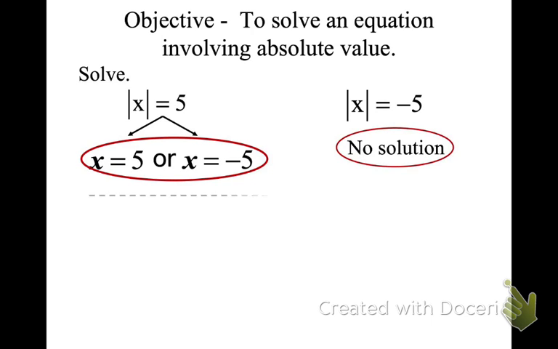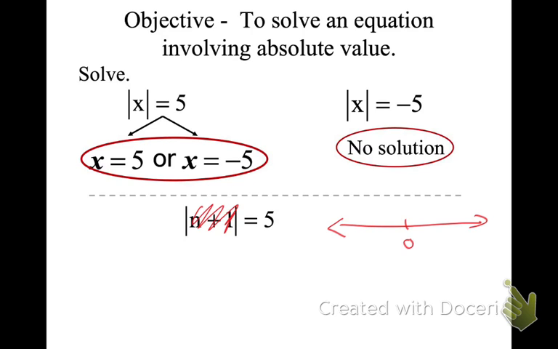Okay? Now, we're going to treat our absolute value just like it's a variable. We have to get it alone. Okay, this is alone. And so we know that if this whole chunk in here equals 5 units, those 5 units could be from here to here or from here to here.